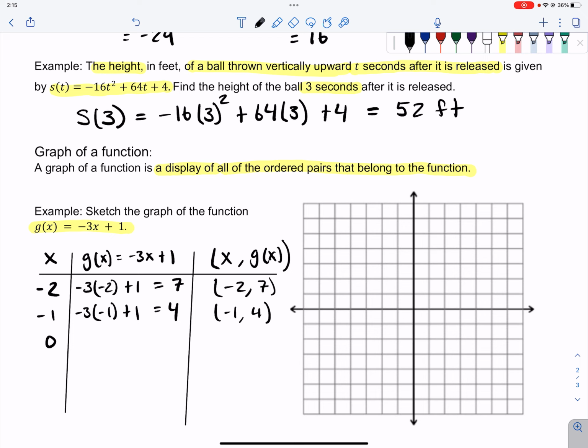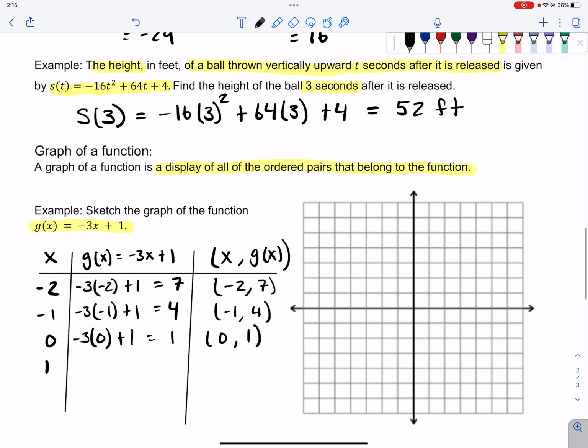If I put in 0 for x, negative 3 times 0 plus 1, that just gives us 1. So we have 0 comma 1. And then if we put in 1 for x, negative 3 times 1 plus 1, well, that then gives us negative 2.